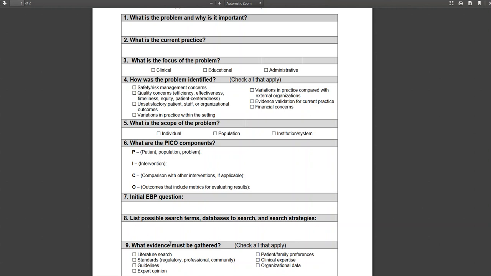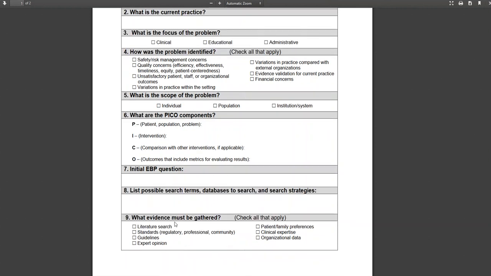So you're going to list out your possible search terms. And then you're going to talk about what evidence you need to gather. I want you to do a literature search and guidelines or expert opinion. You could put quantitative or qualitative. Remember, any of those terms that you add will help you in your search for good materials.